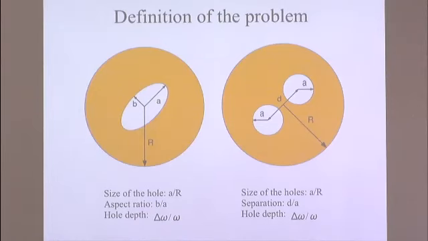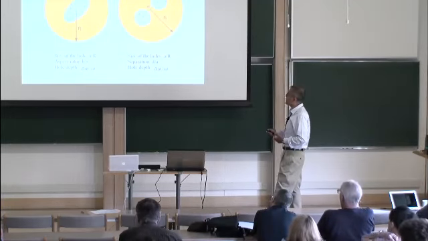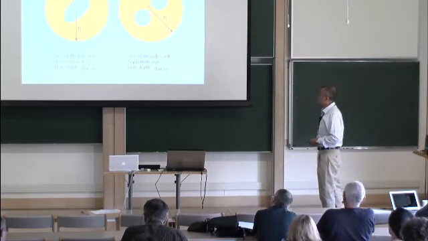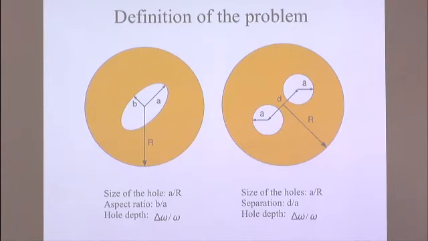Today, I'm going to talk only about holes that have 0 vorticity, but you can have also holes with vorticity larger than 0, but smaller than the vorticity here, which is assumed to be positive. In the second problem, I'm going to have the same circular Rankine vortex, and I'm going to have two circular holes which are identical, and have their middle point coinciding with the center of the Rankine vortex.